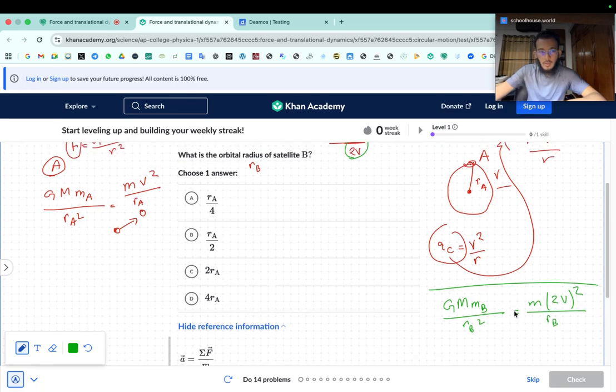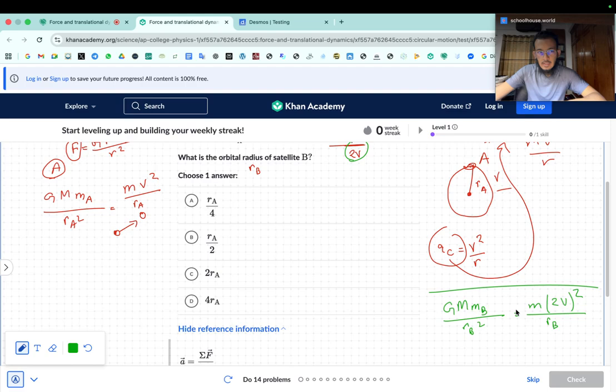Now from here what we can do is make common things. This is m of B and this is m of A, the mass of A. Now we can cross out these from both sides, same for this one. And we can make GM the subject.